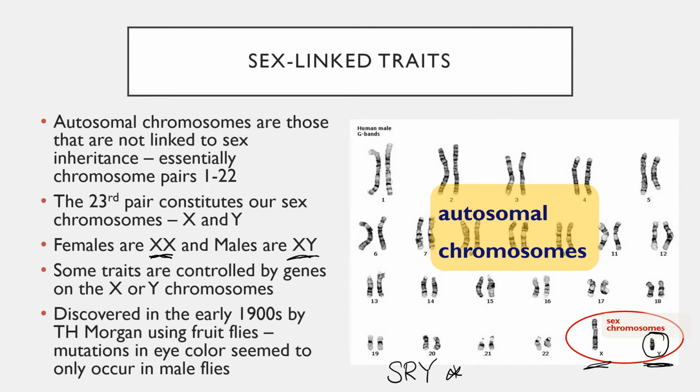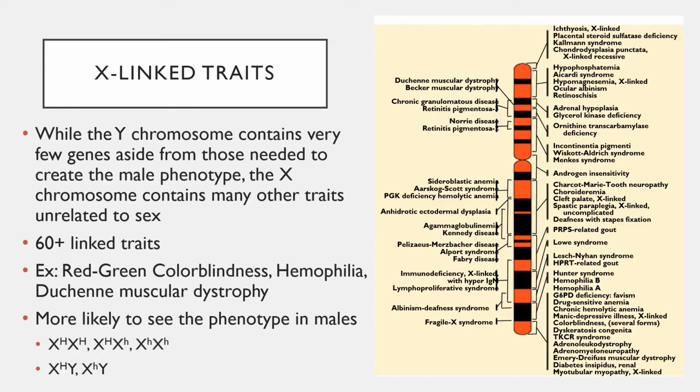And when he was looking at mutations, he found that when he got mutated colors of eyes in his fruit flies, they were almost always linked to the sex of the fly as well. Only the males seemed to have the mutated eye color. So this led him to believe that there was a particular chromosome or a factor of inheritance that was going to be related to the sex of the organism.